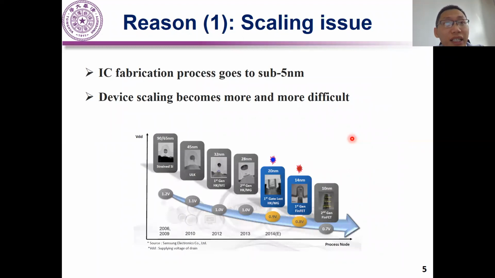So why is increasing the computing power difficult? One reason is the MOSFET scaling issue. As the IC fabrication process goes to sub 5 nanometer size, the Neumann architecture.